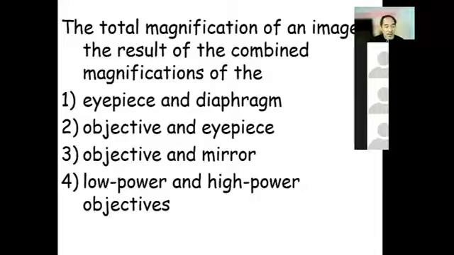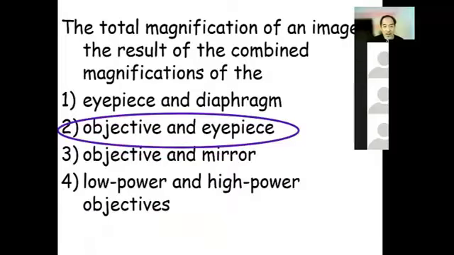So the answer is objective times eyepiece. Eyepiece is actually really the ocular lens. Here, objective and mirror, we didn't use mirror. Here, low power and high power, we didn't actually use that, okay? So the closest thing to the answer is going to be objective eyepiece. Even though we didn't use eyepiece, it is still the ocular lens.